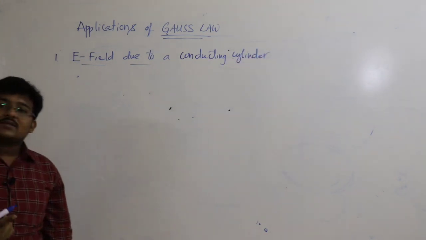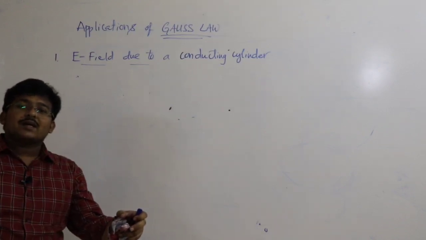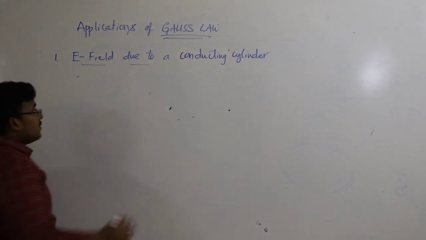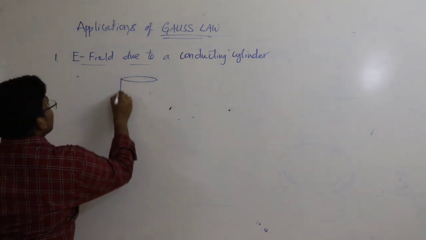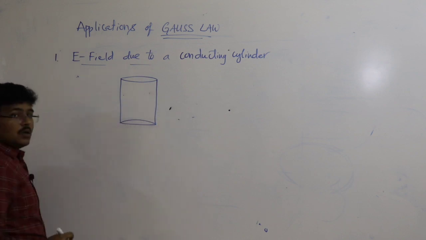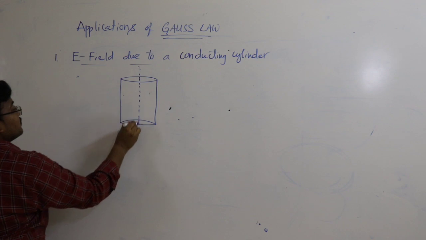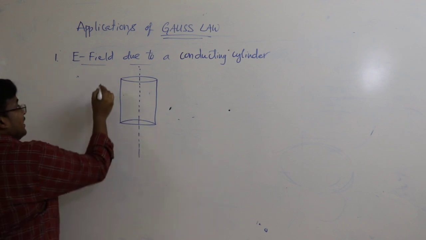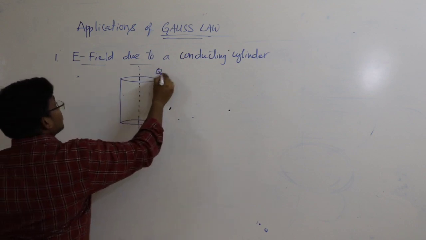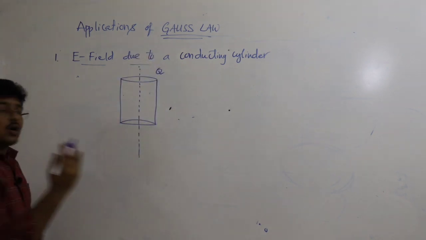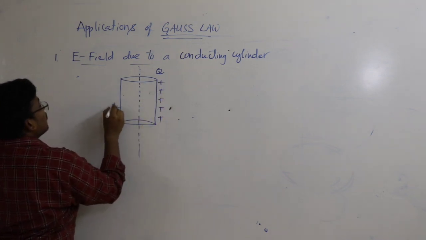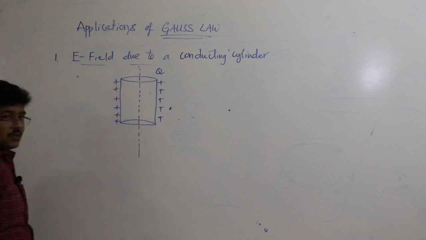As you know, a conductor is such that when you put some charge onto it, it is stored on the outer surface only. Now I am taking a cylinder like this, and this is the axis, and the length of the cylinder I have taken as L, and I have given some charge Q, which stores on the outer surface.